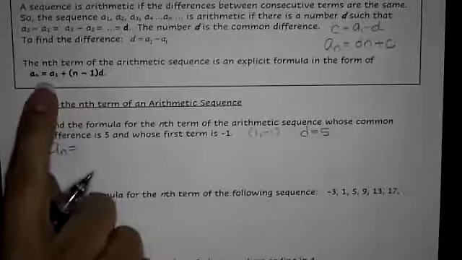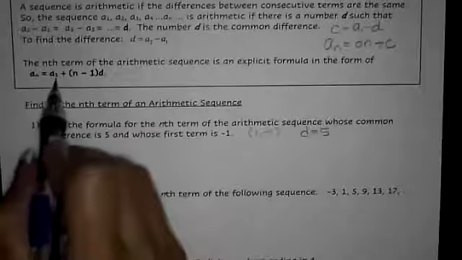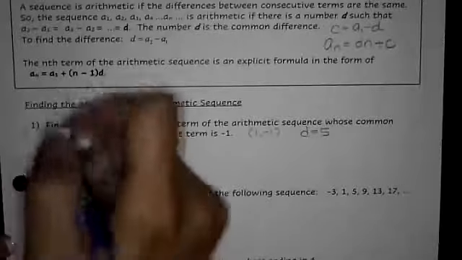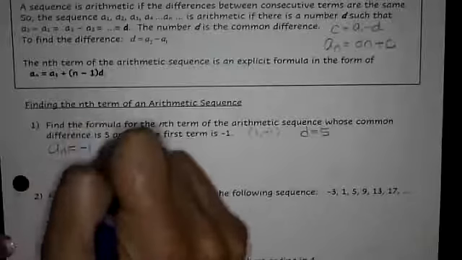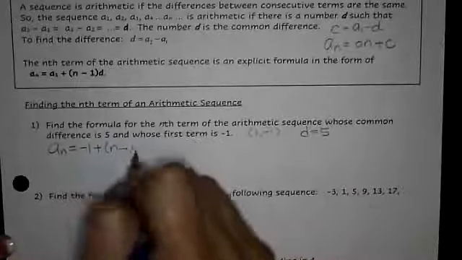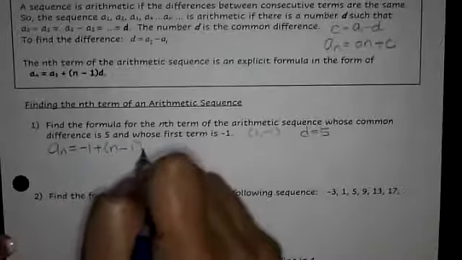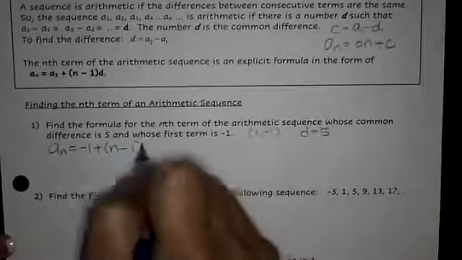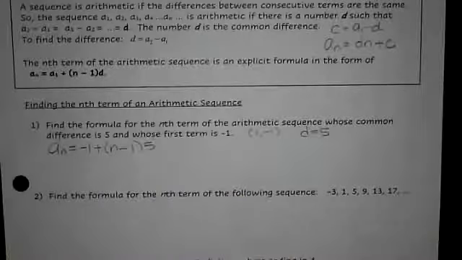A sub n is equal to A1, which is our first term. So that's going to be -1 plus n minus 1 times our D value, which we said is 5.